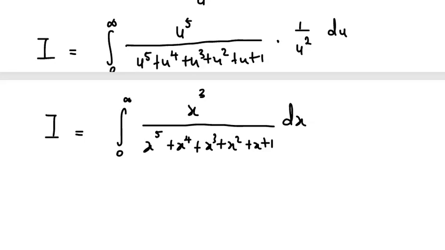Okay, now is there any progress with this? I think it is looking more complicated, right? But there's a nice progress. And what's that? Do you think about adding the two I's together?